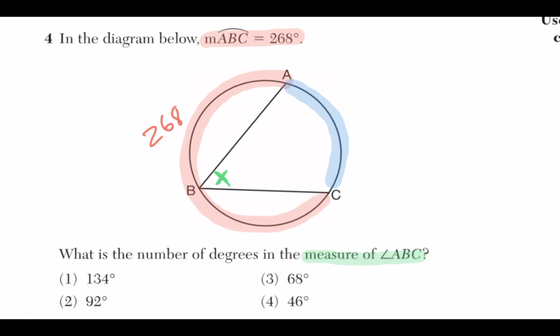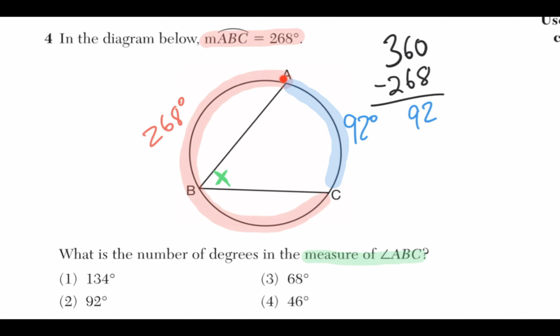Well, I know that a full circle is 360 degrees, and so if we subtract 268 from 360, that's going to give us 92 degrees. All right, so we know that this is 92 degrees. We know that this is 268. How do we determine the measure of angle ABC?